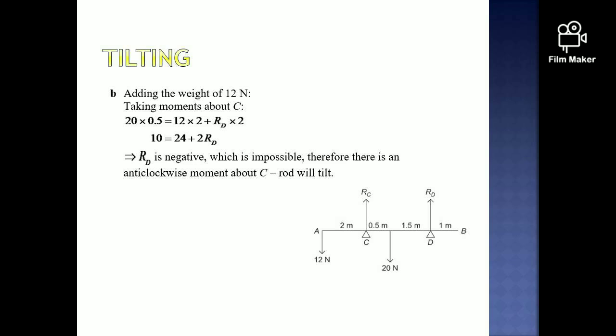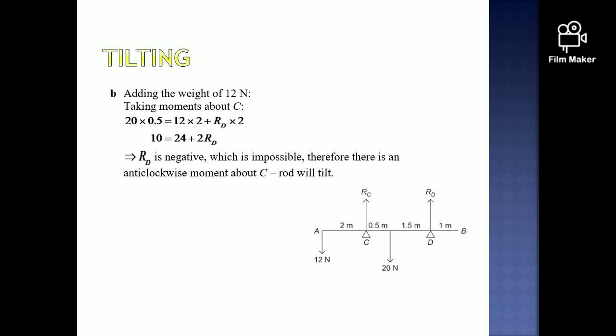The moment due to 12 newtons. If you keep your finger at C and push the diagram from A, it makes an anti-clockwise rotation. Then if you keep your finger at C and push from point D as shown in the diagram, that also tends to form an anti-clockwise moment.